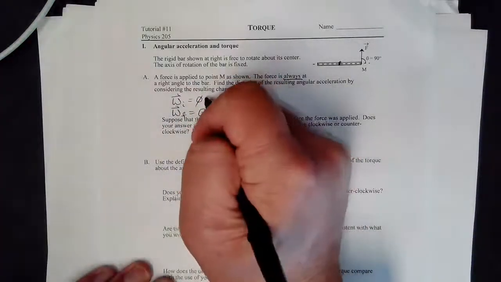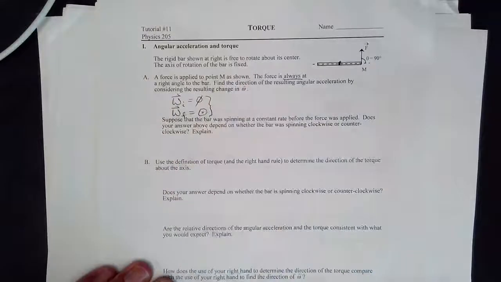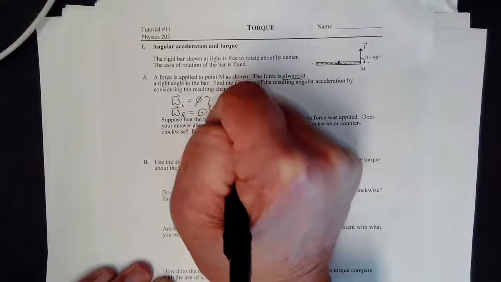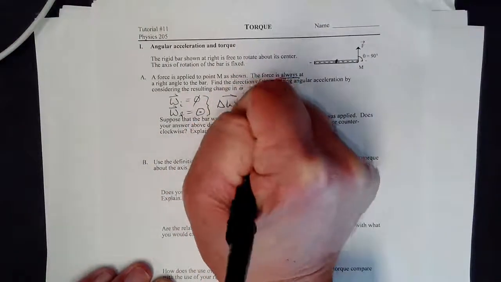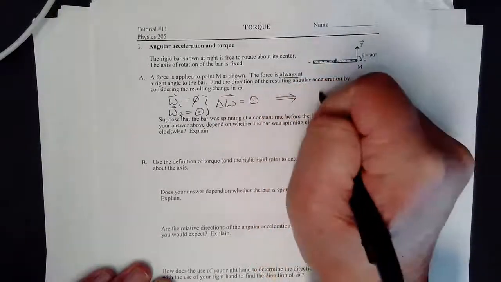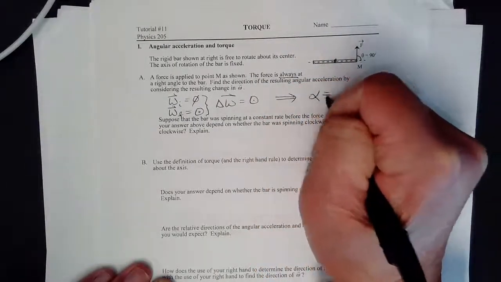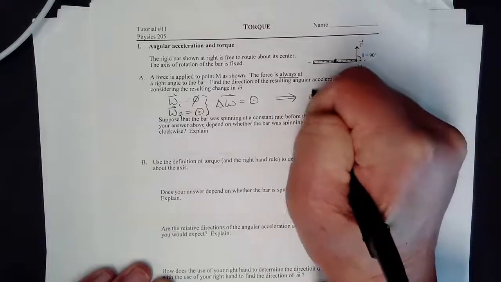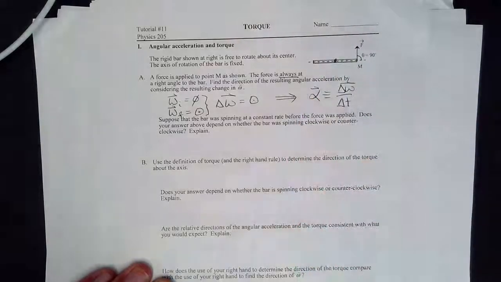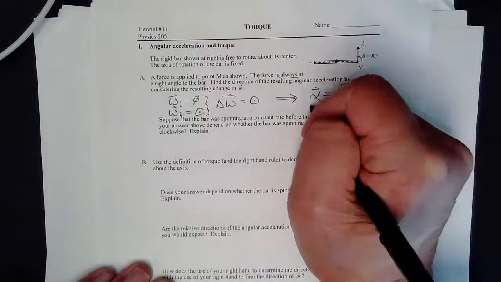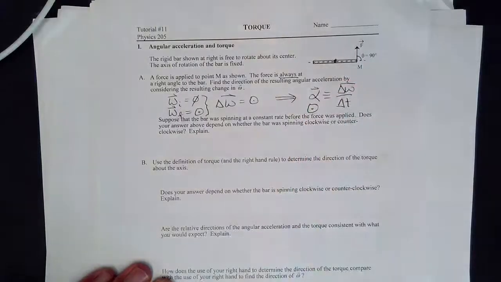Okay, and if I look at those two things and ask, what do I have to add to nothing to get a vector out of the page, that means my change in omega has to be out of the page. And that means that alpha, which is just the change in omega divided by time, since time is always positive, these two vectors are always in the same direction. That means alpha is going to be out of the page.